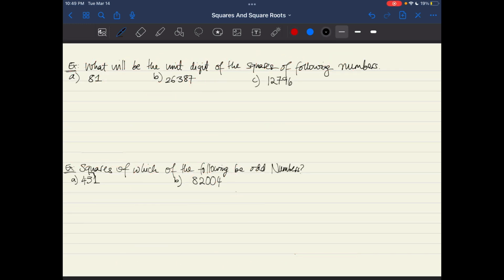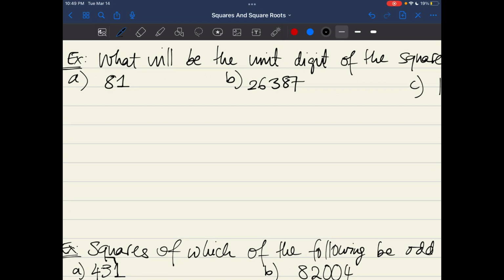Okay, now let's solve some questions together. The first one that we have here is what will be the unit digit of the squares of the following numbers? Let's look at the first one here. That is 81. Now remember that we covered the fact that for the numbers that have 1 or 9 in their unit place, squares end in 1, right?